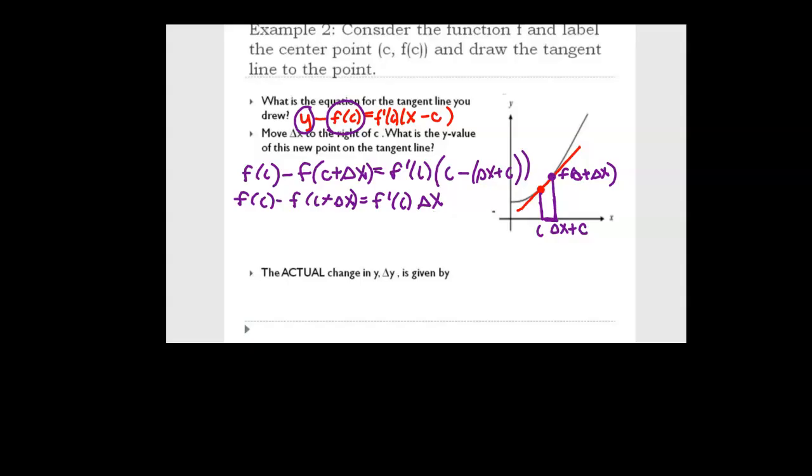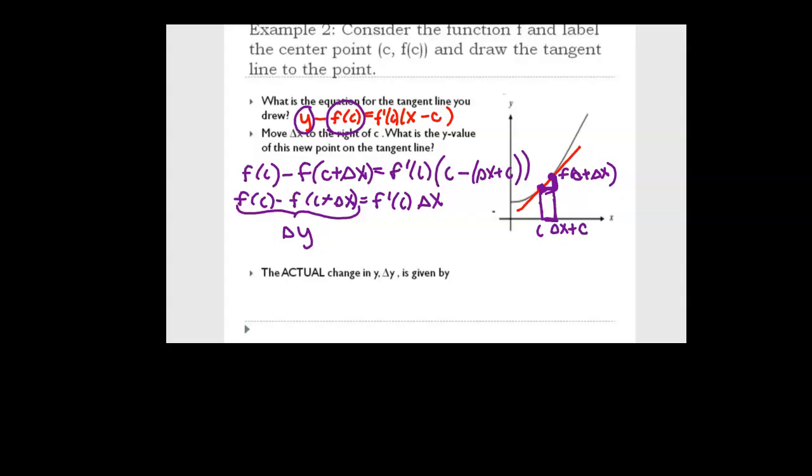That f prime of c times delta x is what we are going to refer to in our future as delta y. So this right here technically would represent the change in y, right? That would represent the change from this point to that point. Agreed?